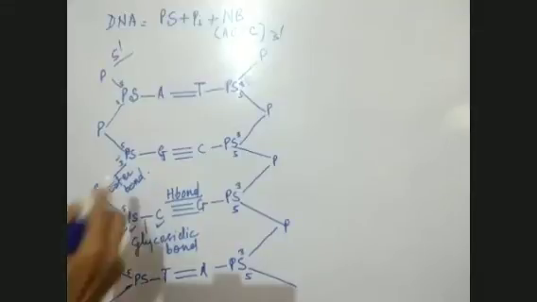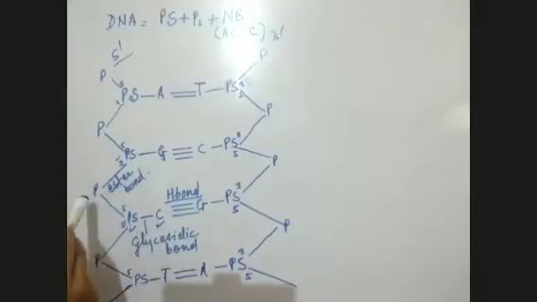And the bonds which are present between the pentose sugar and phosphate is ester bond. So three types of bonds are there.